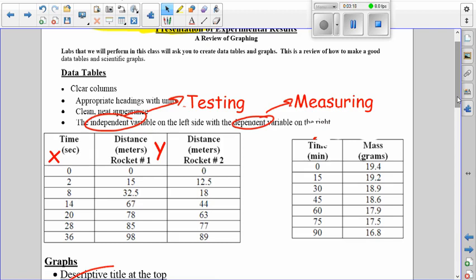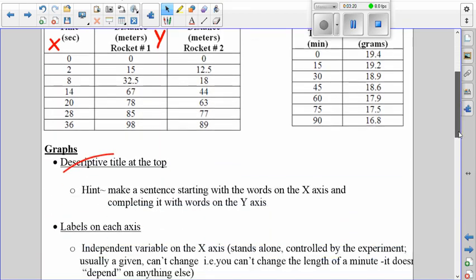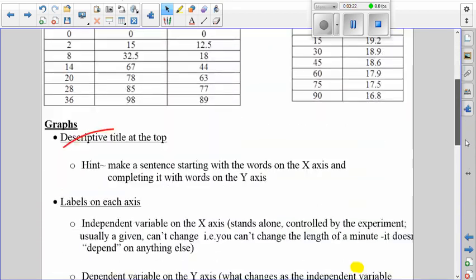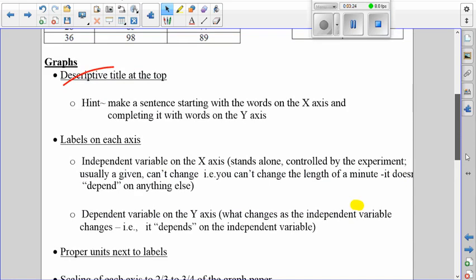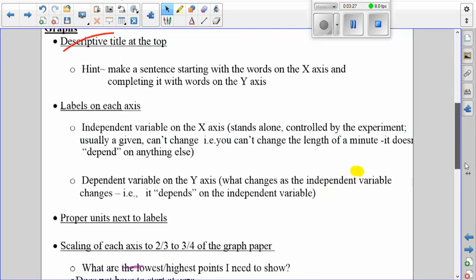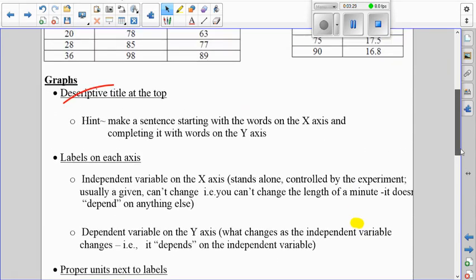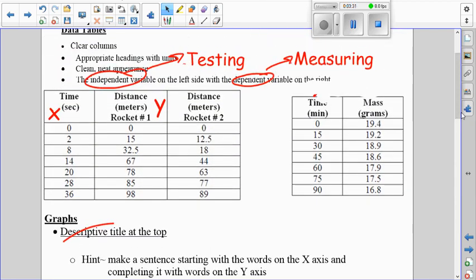Now on your quiz on Friday, you will have this standard grade, or this rubric right here for your graph. Okay? So what I'm going to suggest you do is I would just go through each section of the rubric, add that onto your graph, and then cross it off when you know that you've done it. That way, you won't forget anything.